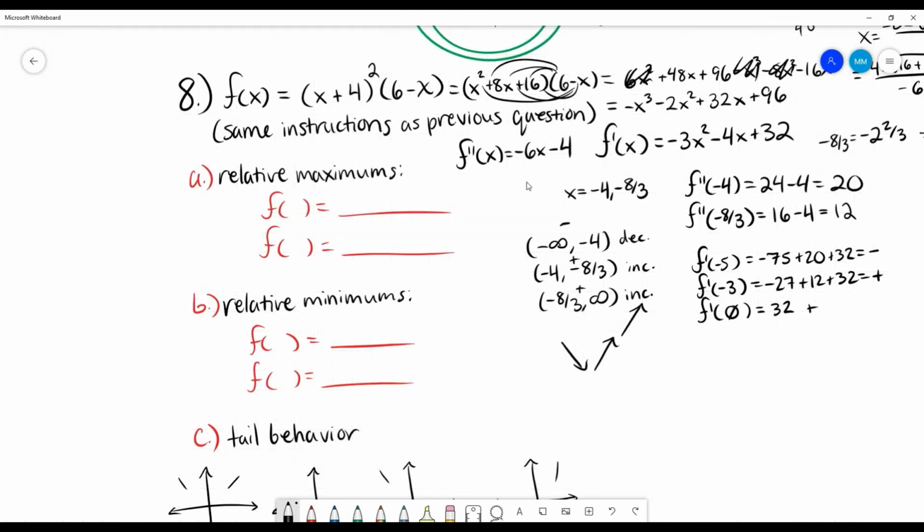So we're just going to consider it as such and say that there are no relative maximums for this one, although there might be for your problem on the homework, so be careful. And we'll say that our only relative minimum is at -4.